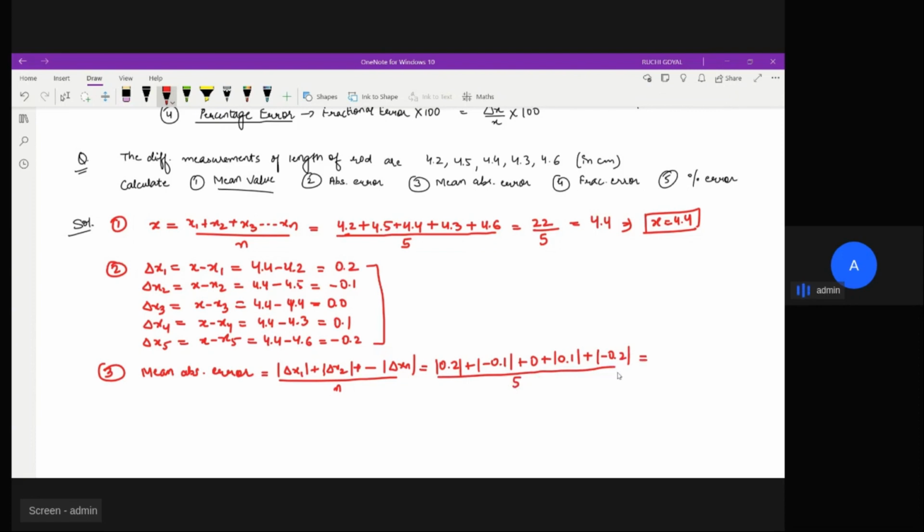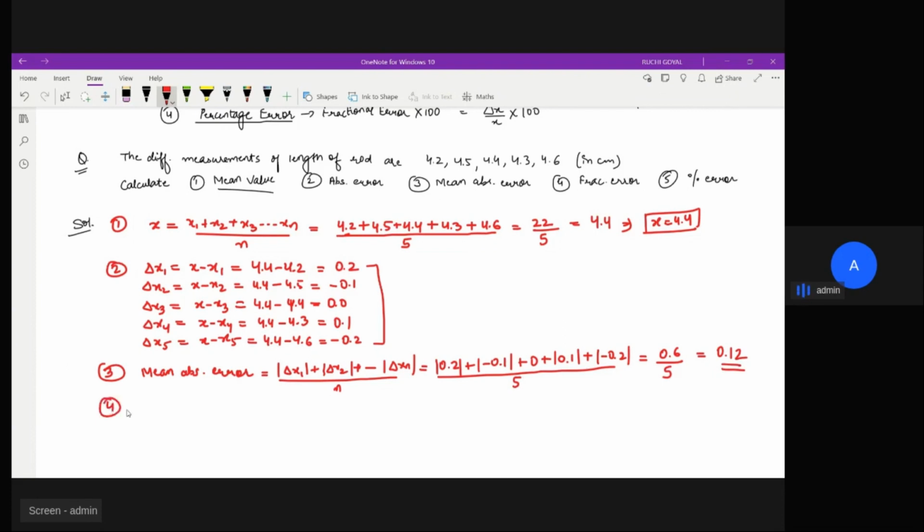Adding: 0.2 plus 0.1 is 0.3, plus 0.1 is 0.4, plus 0.2 is 0.6. So it is 0.6 divided by 5, which is 0.12. So this is the mean absolute error.